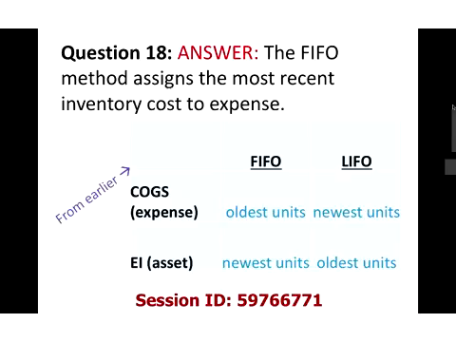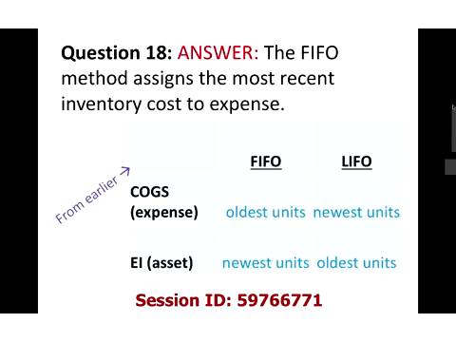Most recent means newest. So the FIFO method assigns the most recent, or newest, inventory cost to expense. Is that true or false? When you answer this, you're saying true or false, so FIFO.